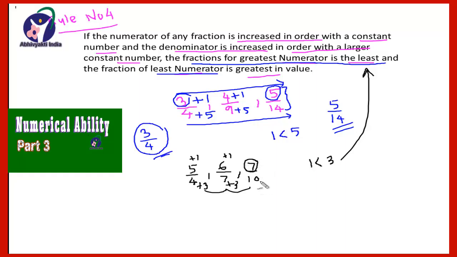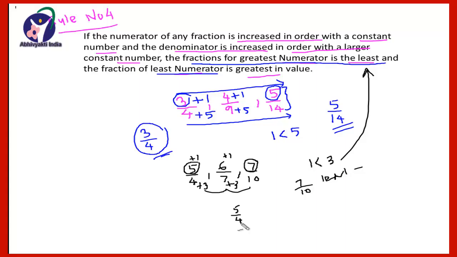So 7 by 10, 7 is the highest numerator among these 3, and therefore 7 by 10 is the smallest or the least fractional number, and the fractional number with the smallest numerator, 5 is the smallest numerator, and therefore 5 by 4 is the greatest fractional number.